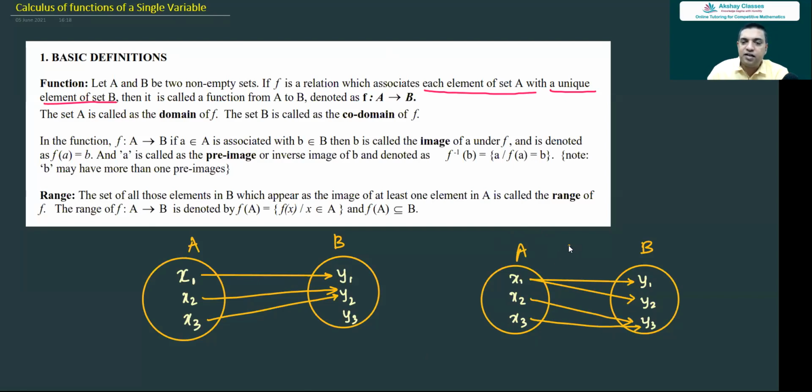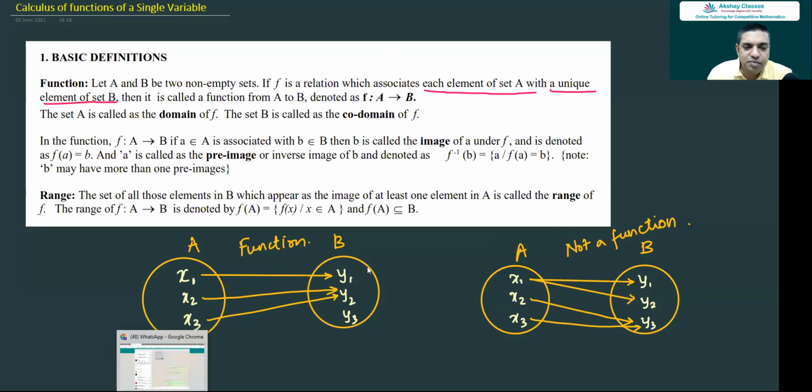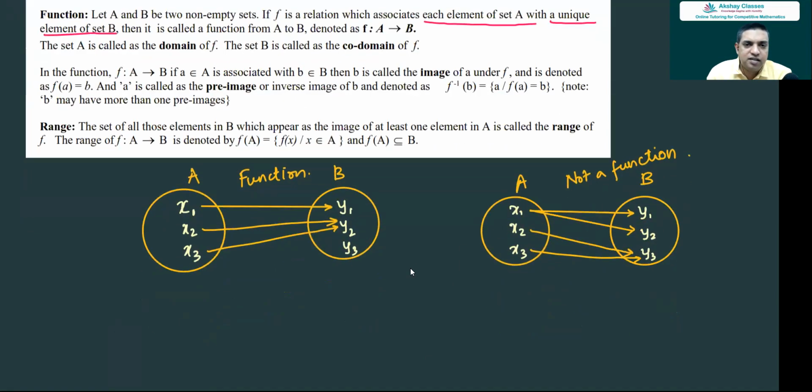Okay, this particular relationship is not a function. Okay, this is a function. All right, so that is the basic that we learned. Also, suppose x3 is not involved. Again, it will cease to be a function. So x1, x2, x3, all are involved.